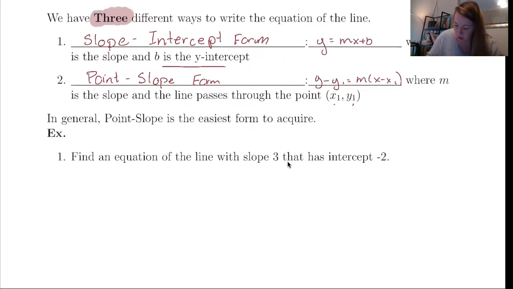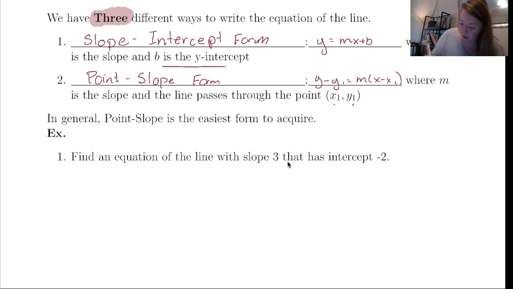All right, so in general, point-slope is the easiest form to acquire. Again, you just need 2 points, and you just plug it in. You don't have to move things around and find things. All right, so finding an equation for a line with the slope 3 and y-intercept -2. If I'm not given a specific form, it's up to your own discretion, right? So if I'm given slope and I'm given intercept, why not use slope-intercept form?